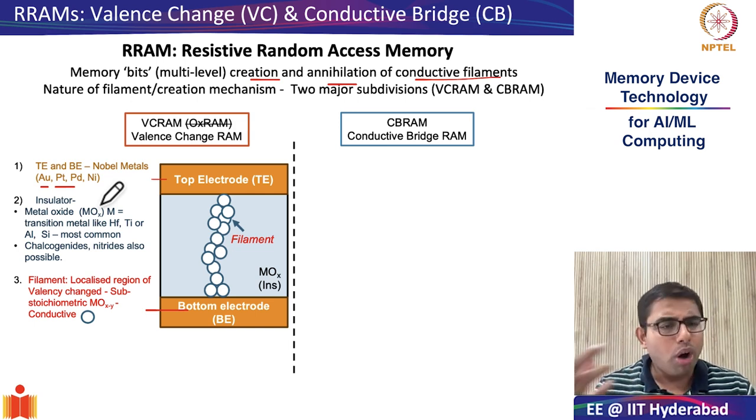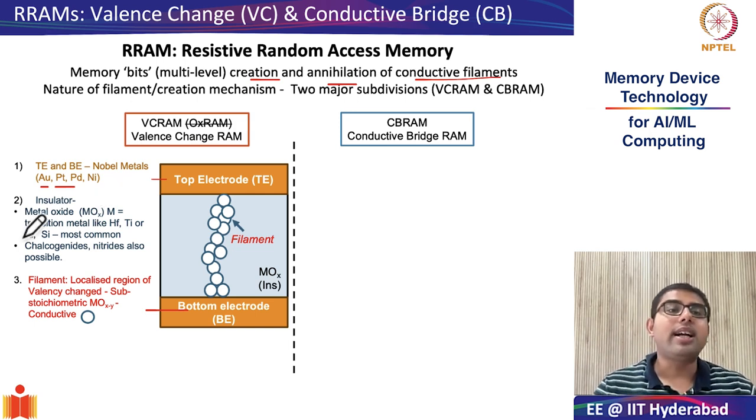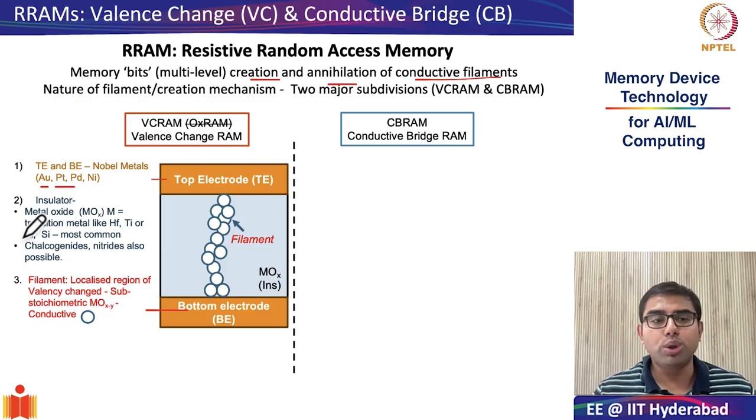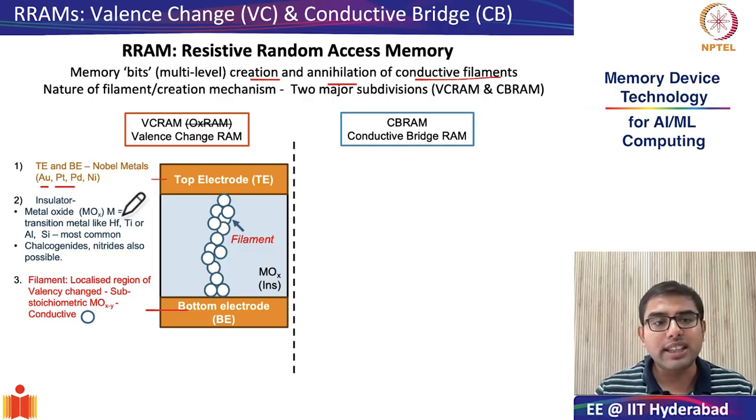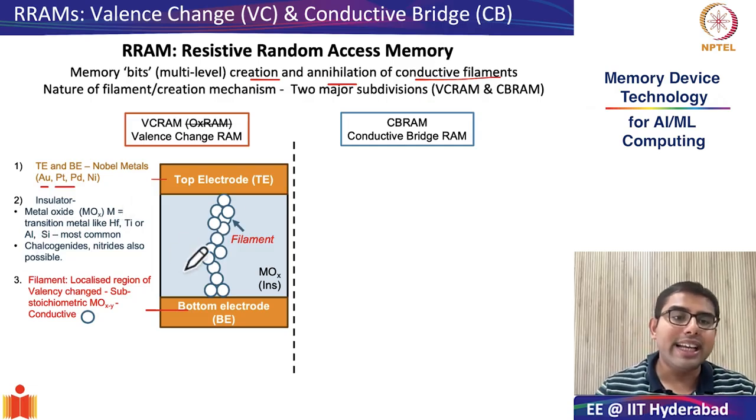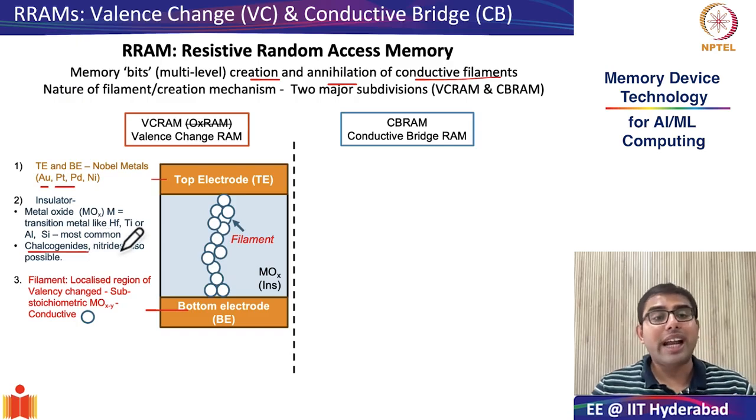But other materials like aluminium and silicon are also used. As I had said, because the first generation of VCRAMs were based on oxide materials, they are also called OXRAMs, but this insulating material can also come from chalcogenides, nitrides and other compounds.